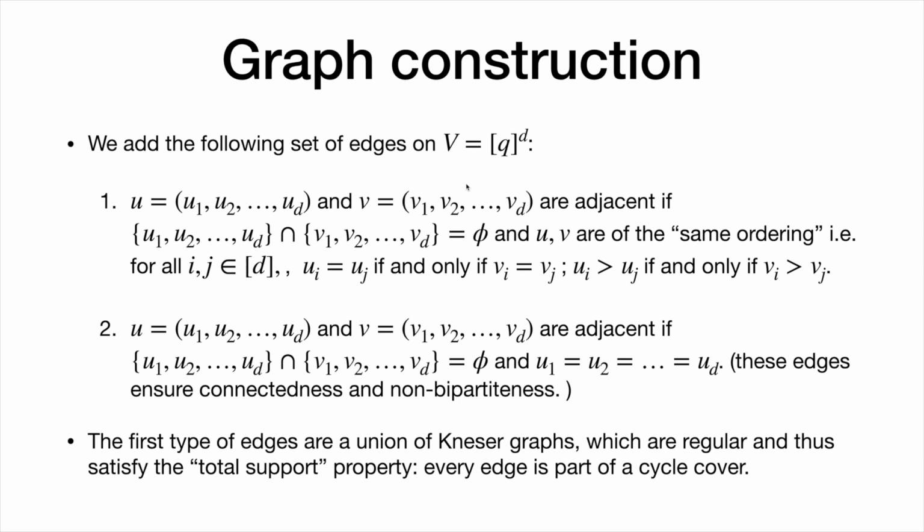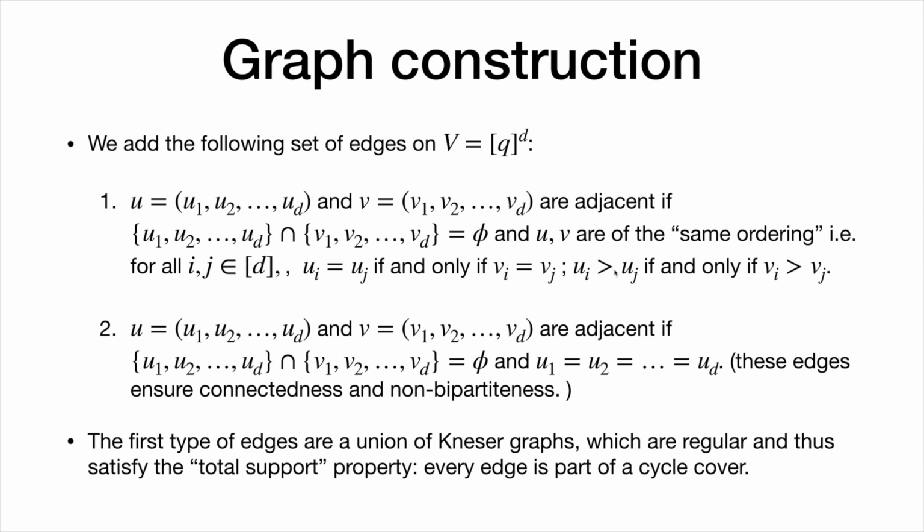In the first phase, we add edges between all U and V such that their supports are disjoint, and U and V have the same ordering: for every i, j, ui equals uj if and only if vi equals vj, and ui is less than uj if and only if vi is less than vj.